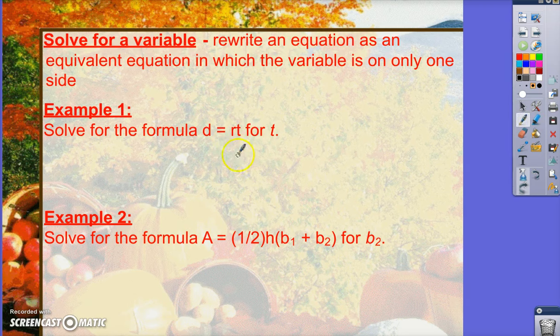So I need to think to myself, how do I get t alone? It's rate times time. So the opposite operation of multiplication is division. So we're going to divide r from both sides. And my formula is going to be time, or t, equals distance over rate.